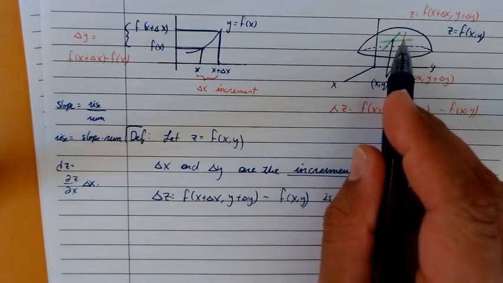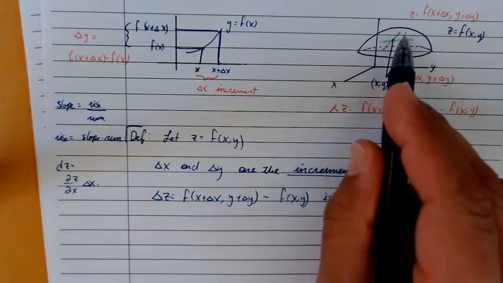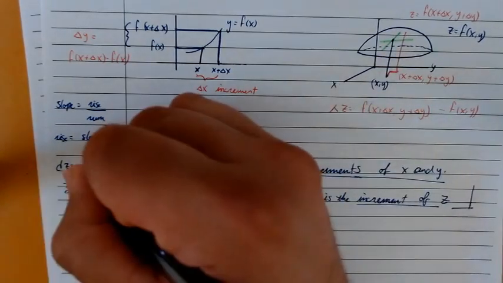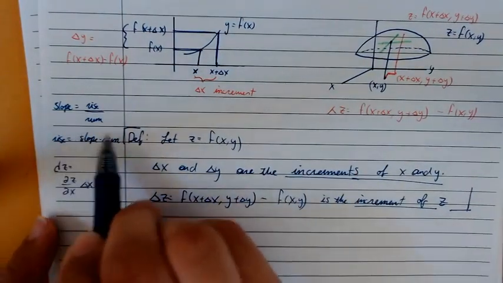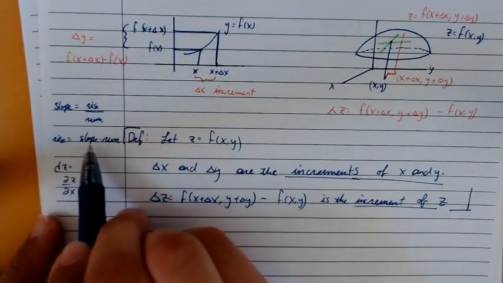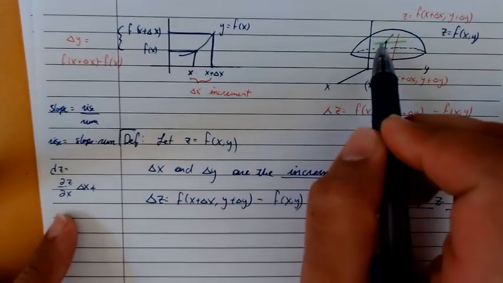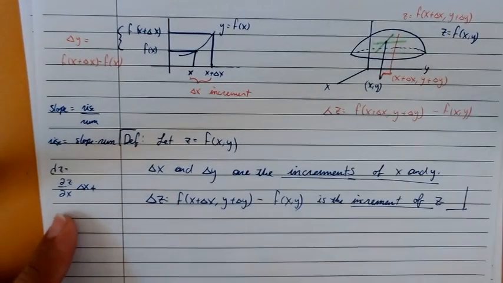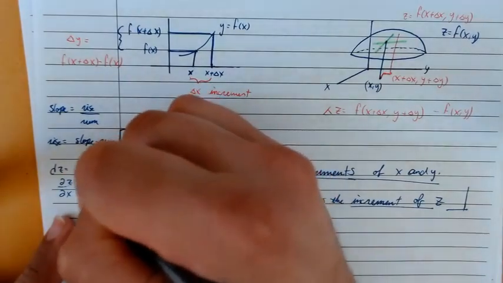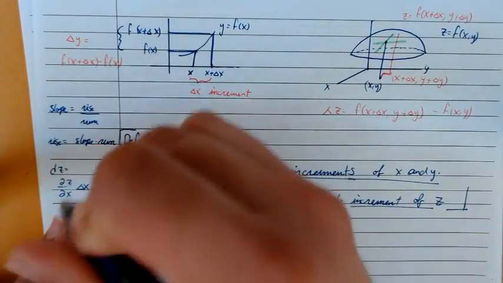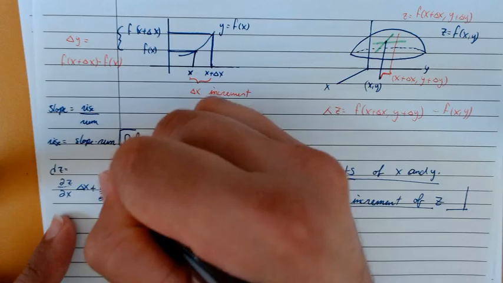Don't I need to figure out how far I go this way also? Together, the two of them are contributing to getting me to this point. Okay, so now let me add. I'll do the same thing, except now it's the slope along the y-axis. So this would be dz dy, that's the slope along the y-axis, times my delta y.